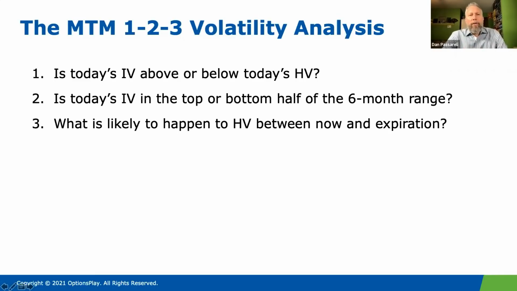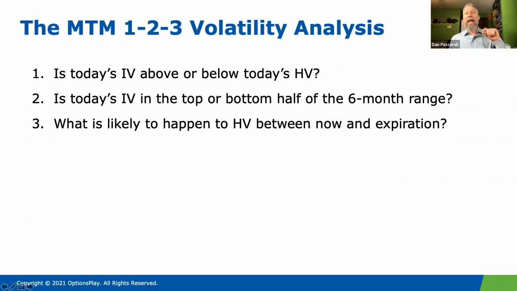So in order to use implied volatility analysis, we need to use what I call the MTM 1, 2, 3 volatility analysis. You don't need to know the name of it, but you do want to remember it's 1, 2, 3 steps. Step 1: is today's implied volatility above or below today's historical volatility?